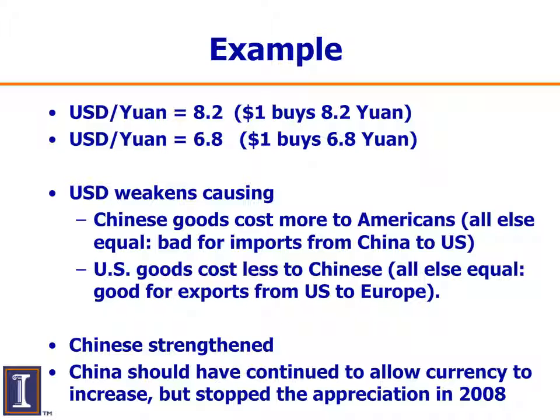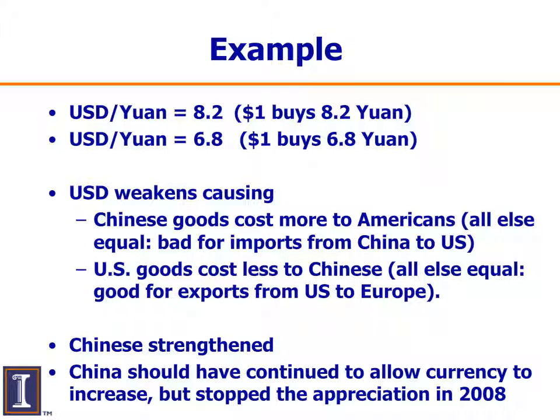It then moved down to 0.68. $1 would then buy 0.68 Chinese yen or renminbi. This was a U.S. dollar weakening relative to the Chinese currency, and $1 used to buy 8.2, now it buys 0.68. This does cause a Chinese good to cost more to Americans.